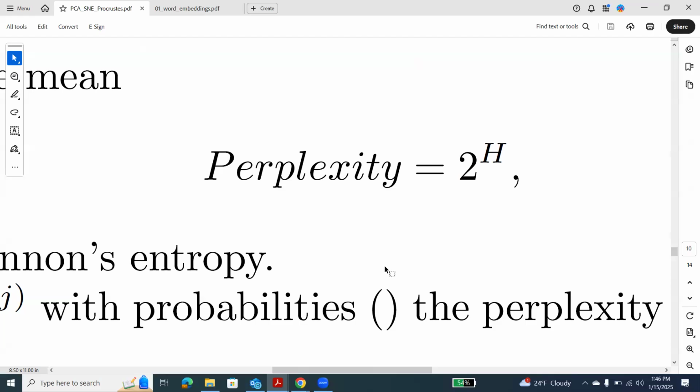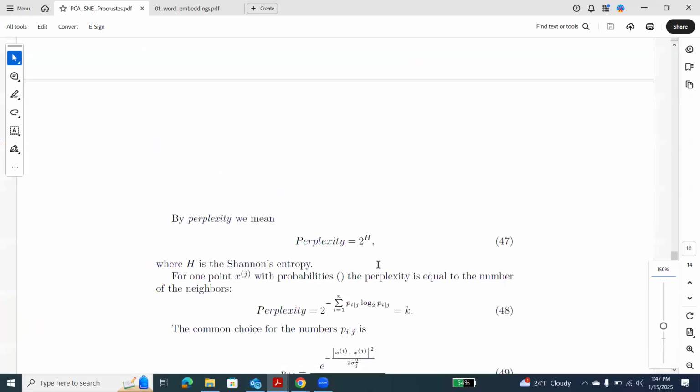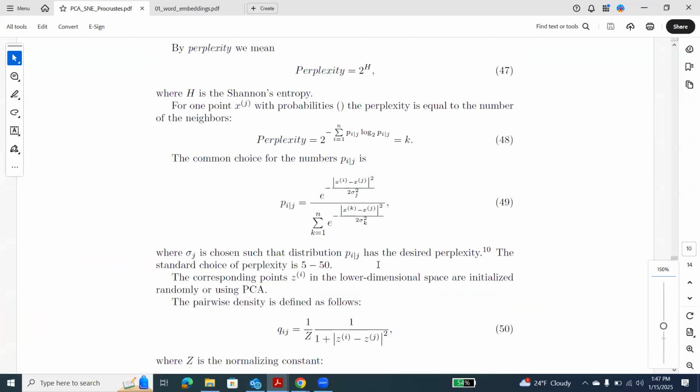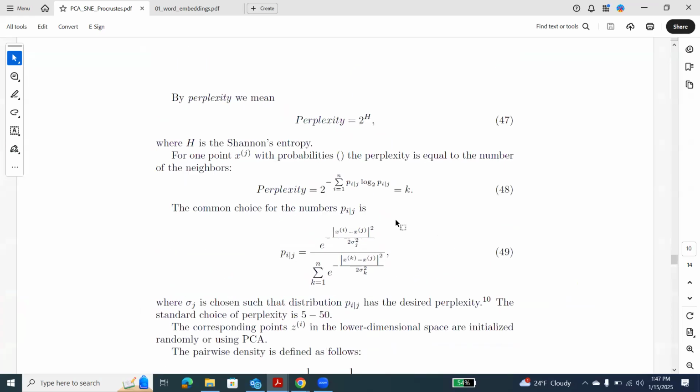You will get k, because 1 over k is negative log of k. I just wanted you to understand that perplexity stands for the k nearest points in this case.